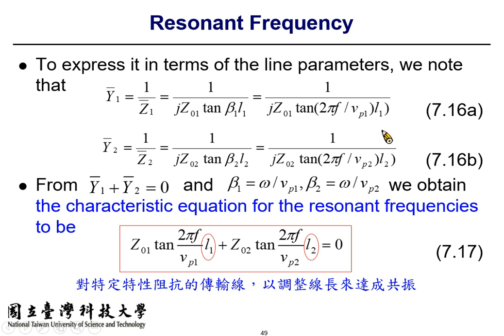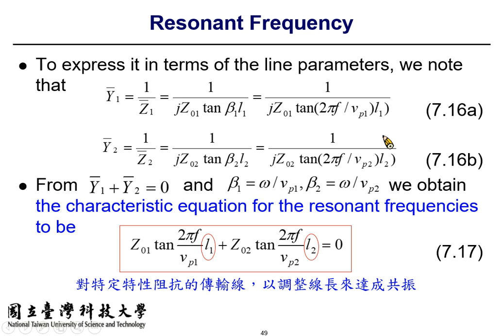To make the expression a little easier, you multiply the two terms by the product of Y1 and Y2, so you end up with equation 7.17. We need to solve equation 7.17 by knowing what? Knowing the length L1 and the length L2.